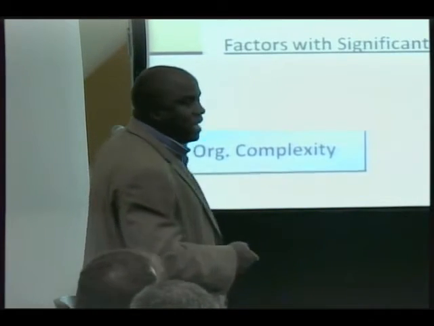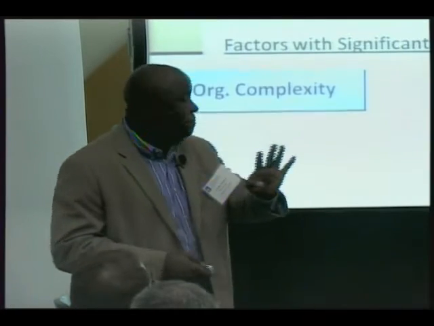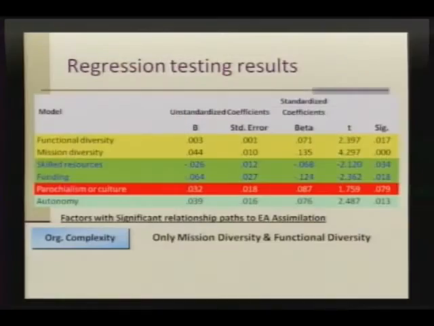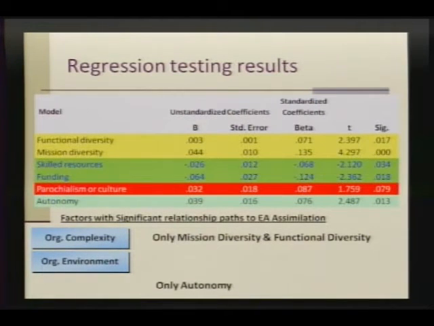For organizational complexity, remember we had 4 factors? Only 2 turned out to be significant. I'll explain this in the next slide, so don't worry about this for now. For organizational environment, only autonomy was found to be significant.